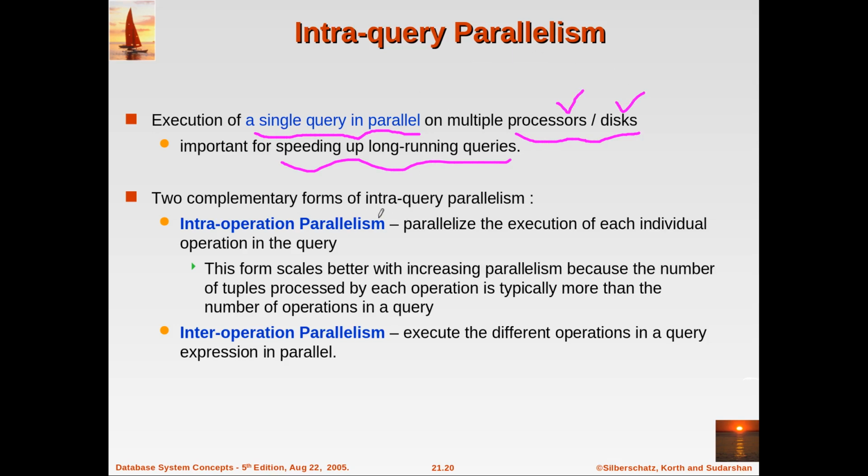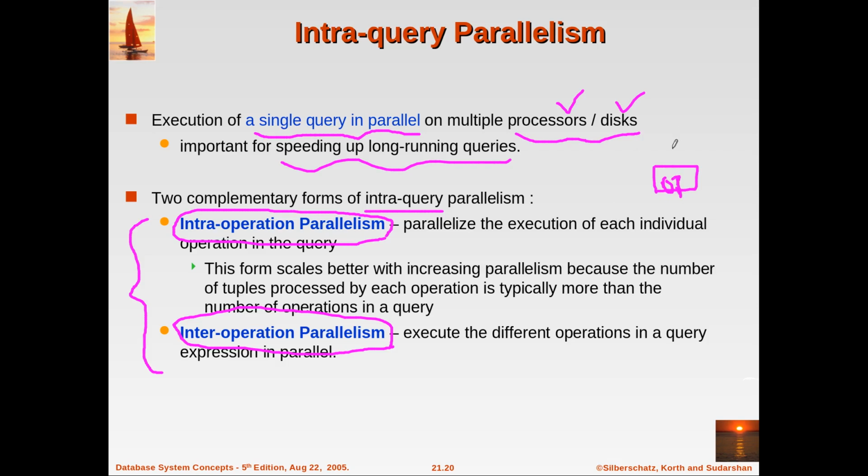There are two forms of intra-query parallelism. These two are the major portions in this particular module. One is called intra-operation parallelism and the second one is inter-operation parallelism. Very important thing: intra-operation means the same operation is being parallelized.